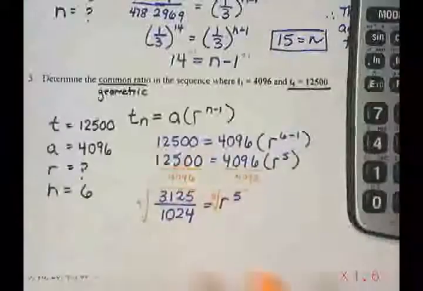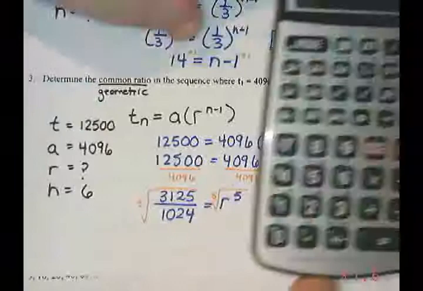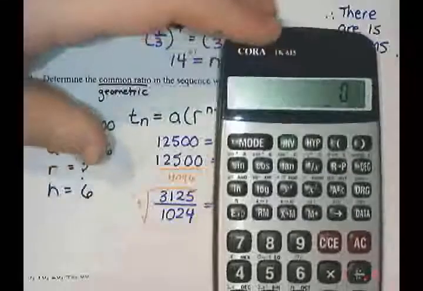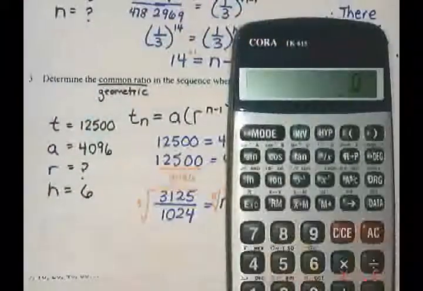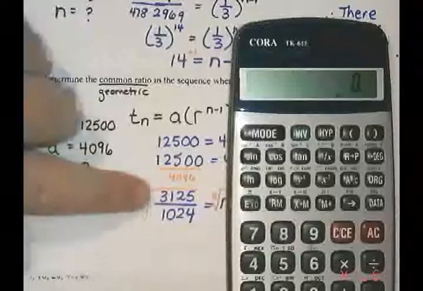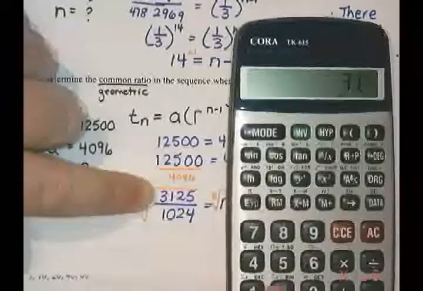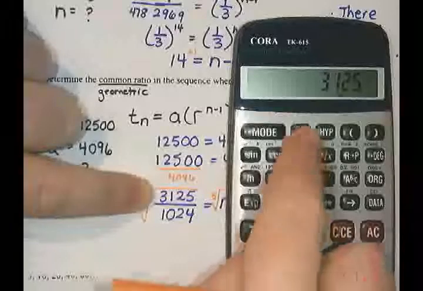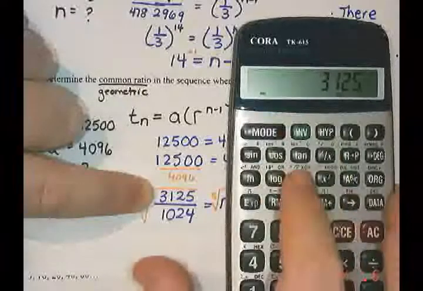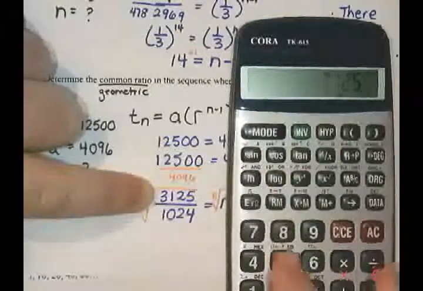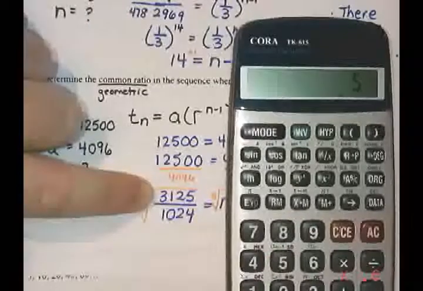Now, if you didn't have your power sheet, you could use your calculator. We talked about how to do a root. It's the second function of your exponent button. So on mine, I'd put in 3,125, then shift, or in this case, inverse, my exponent button, and 5, and it tells me that it's a 5.